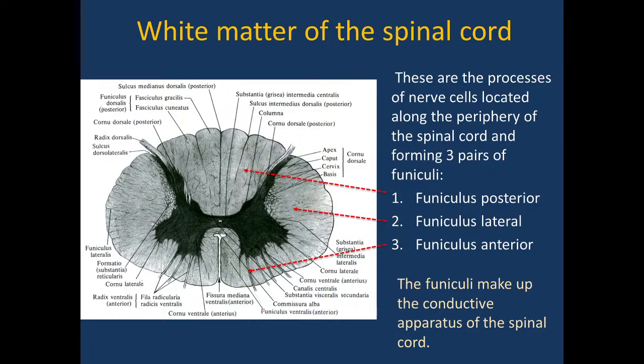What kind of pathways do we see in the white matter? First of all, I'd like to show you three organized regions of white matter. The anterior and posterior gray horns divide the white matter on each side into three broad areas called columns.